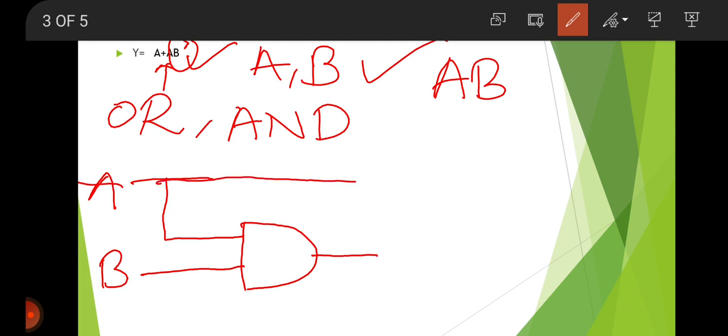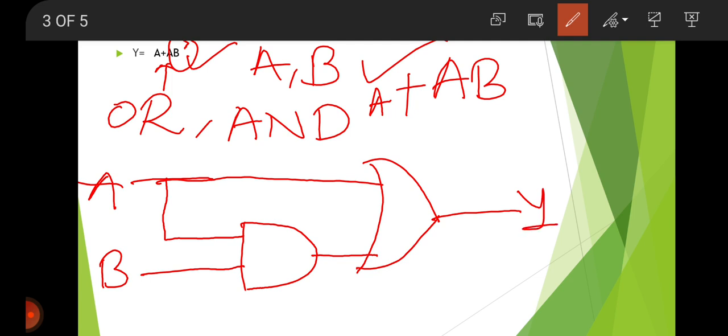And this A comes as it is, and in this A or A and B, in between those the OR operation is present. Therefore put the OR gate. Therefore this is our Y = A OR (A AND B). So this is the logic circuit for the given Boolean expression.